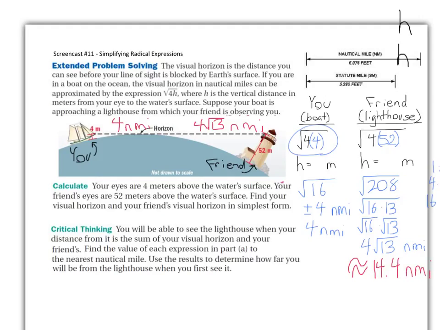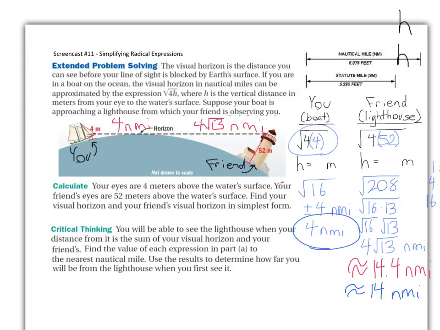But again, we don't want it to the nearest tenth. We want it to the nearest whole nautical mile. So if we were to round 14.4 to the nearest whole number, we would find out that that is, of course, 14 nautical miles.